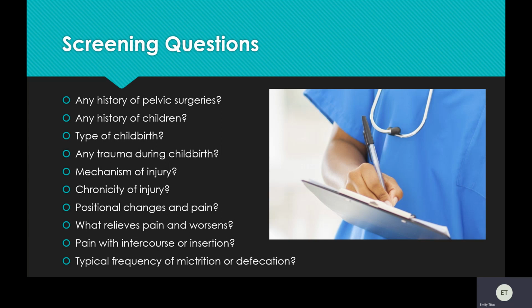And then moving away from pelvic, obviously we all need to know the mechanism of the injury that's bringing somebody in, the chronicity, the aggravating and easing factors when it comes to pain. If somebody starts telling you, oh yeah, it only hurts as soon as I sit down, a common referral pattern for pelvic floor spasm is very similar to a sciatica presentation.